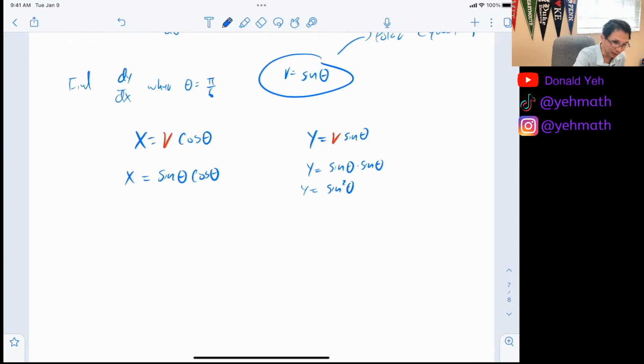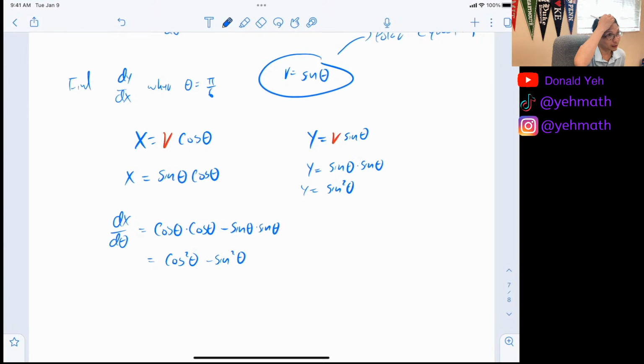So obviously, I can take dx d theta here. I can take a derivative with respect to theta. What kind of rule am I thinking of? Product rule. So it'd be cosine theta times cosine theta minus sine theta times sine theta, which is also known as cosine squared theta minus sine squared theta.